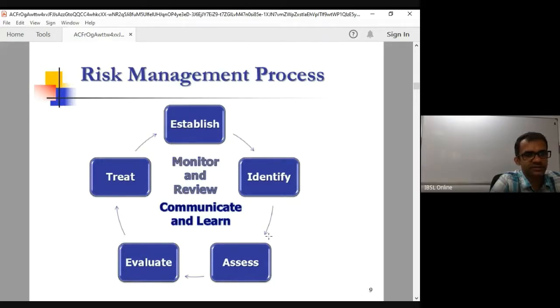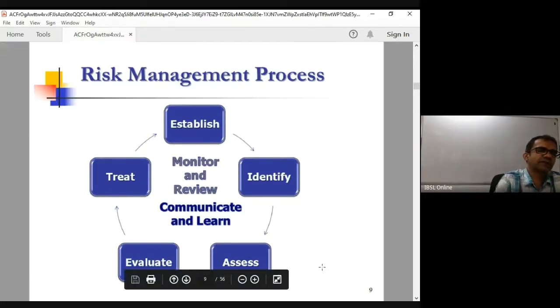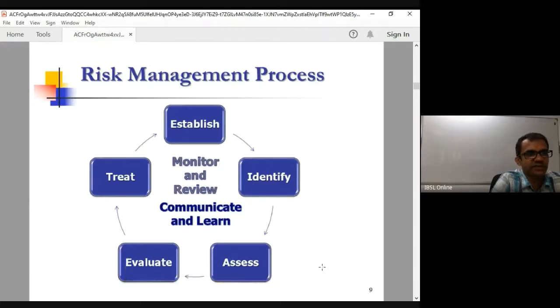In the identifying process, it is not possible to identify each and every risk. There are a lot of risks that we have never seen. There may be new things happen, but yes, we may put some policies and procedures to address somehow those unforeseen things.